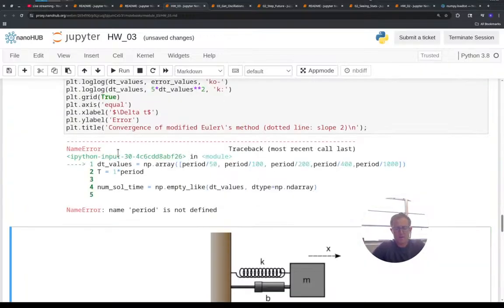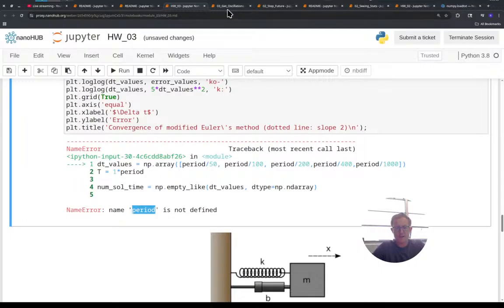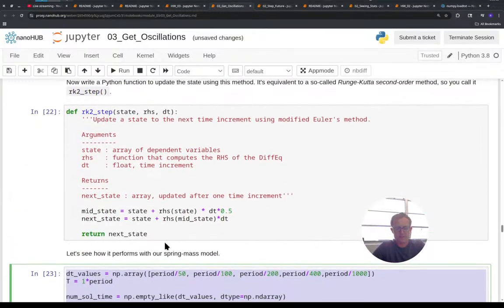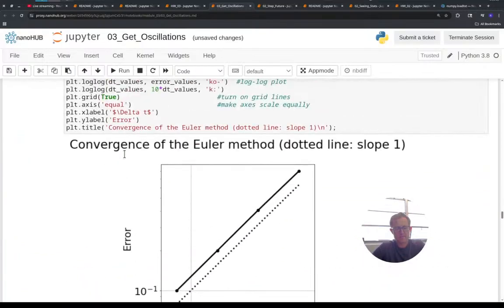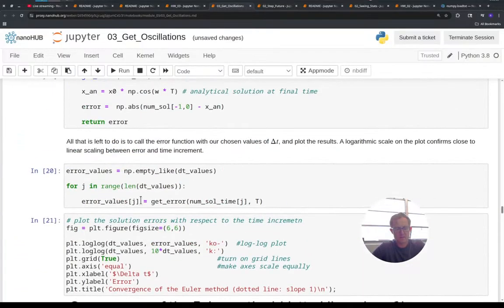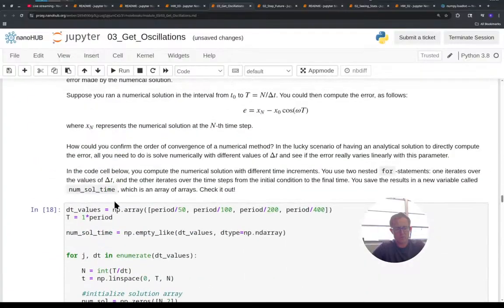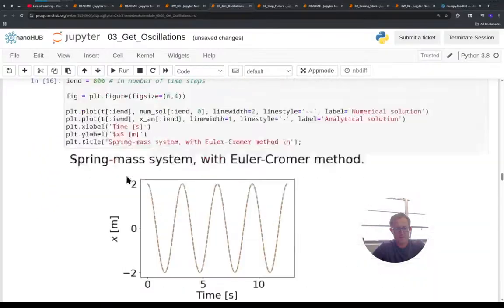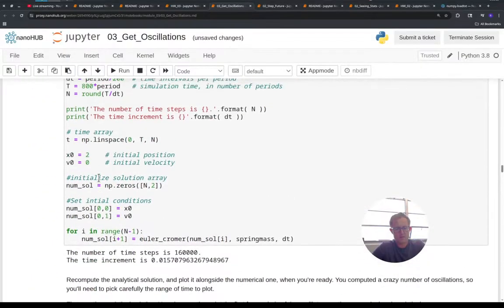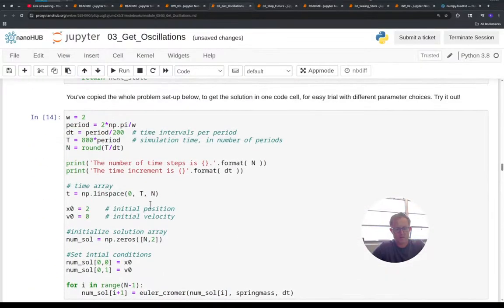And if I try to run it, it'll tell me period is not defined. Okay, well, where was that defined? Probably up here, right? Up here.